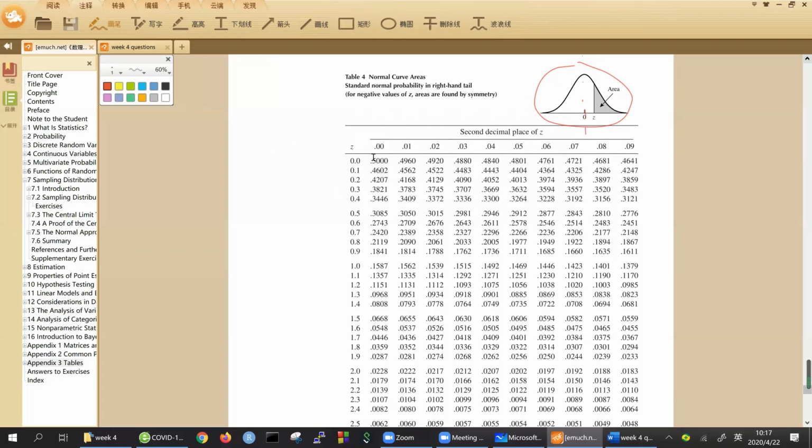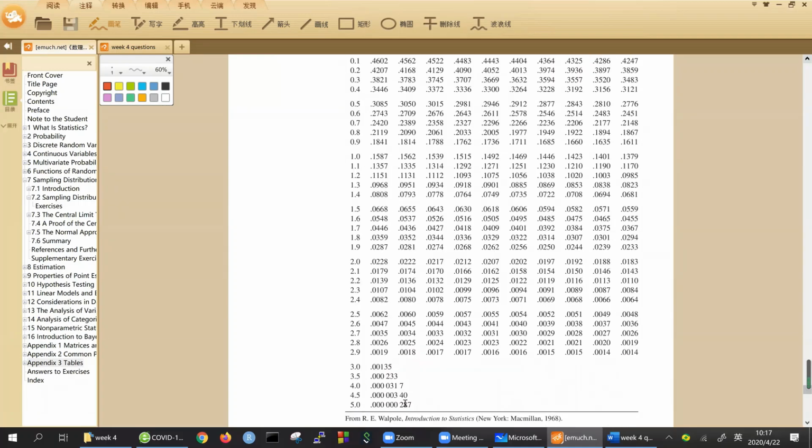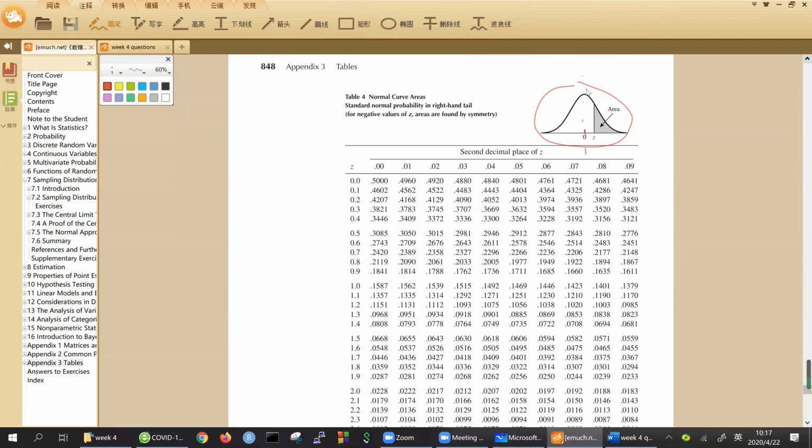So the largest value in the table is 0.5 and the smallest value is almost 0. It goes from where you start out here all the way to the right-hand tail. You are not covering anything that's going on here.